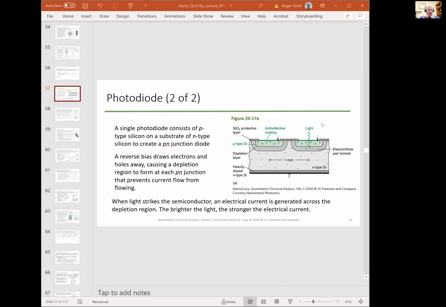So there's one polarity of electric field, right? So the electrons head for the positive end, and the holes head for the negative end. And it's that charge separation that makes the PN junction work. So there's three ways that can operate.